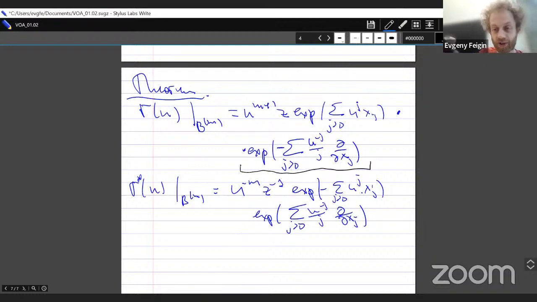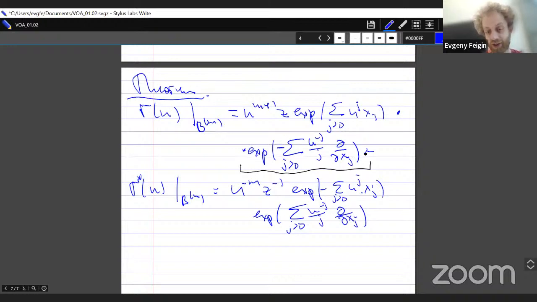so let me write it: it's z minus 1, because we want to move from Bm to Bm minus 1. This exponent produces a polynomial in u with coefficients being polynomials in x's, and then you multiply it with the series, which produces a series in u, but it's fine.